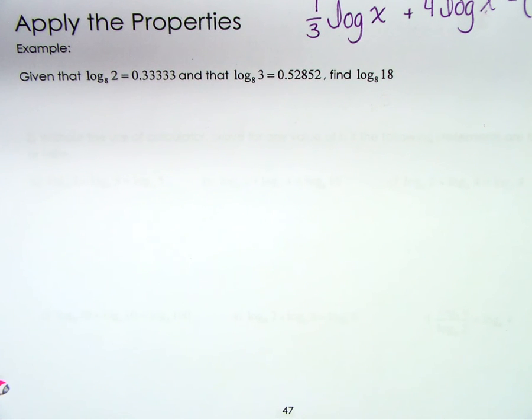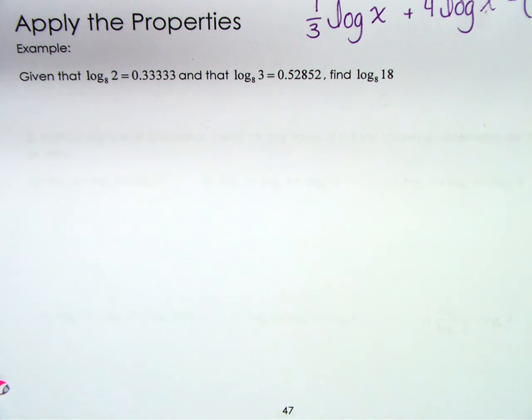Okay, so now we're going to apply our rules. And this is where you're not going to be happy, but it's not hard. A question like this could be given on a non-calculator portion because it's evaluated for you.